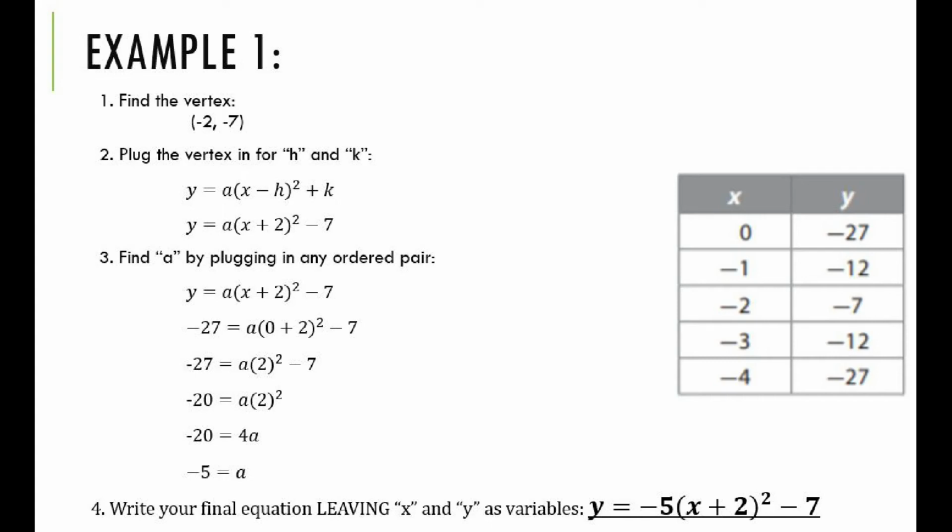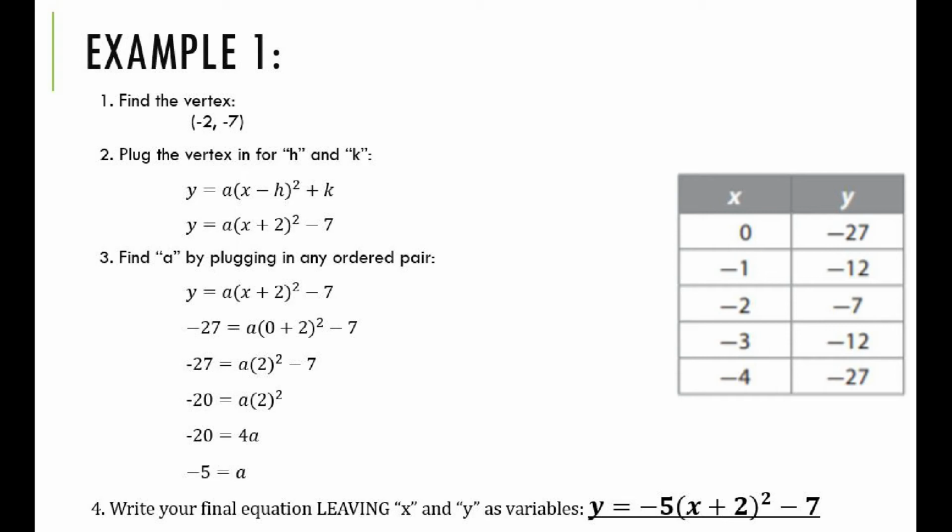So my new equation is -27 equals a times (0 plus 2) squared minus 7. First thing I'm going to do every time I solve for a is simplify what's inside the parentheses first. So 0 plus 2 is 2. So that makes my new equation -27 equals a times 2 squared minus 7.